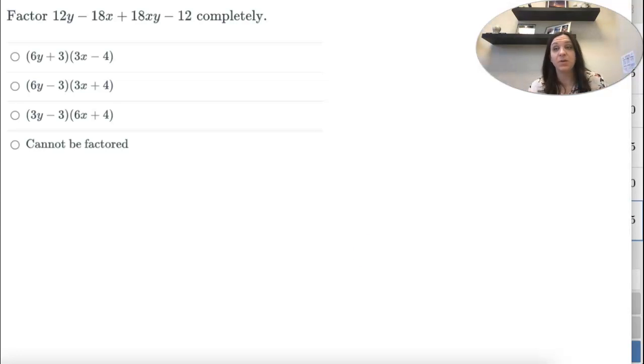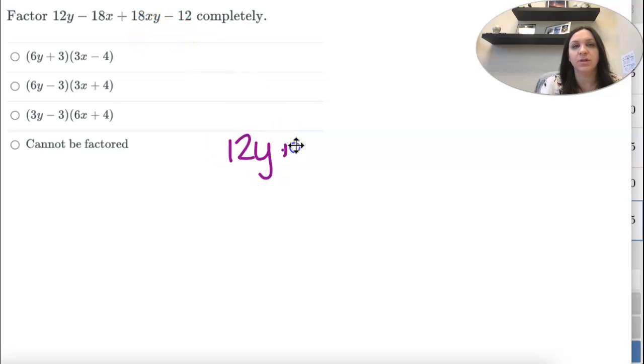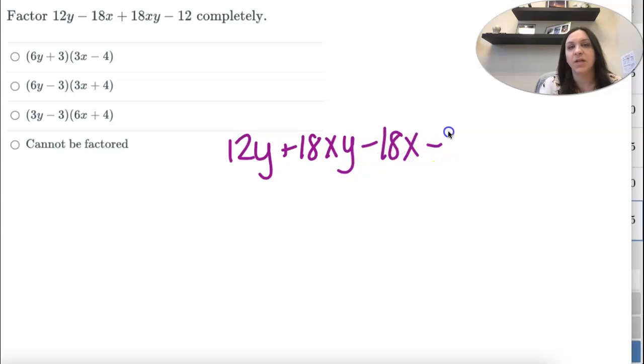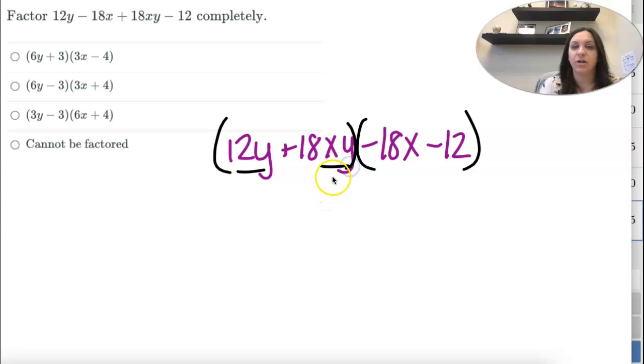Alright, so this one is like our first one again. So we're going to group them. I'll start with 12y this time, and then the middle term is when they're joined, minus 18x minus 12. So we rearrange them. So when I group them, there's one that has a variable in common, right?